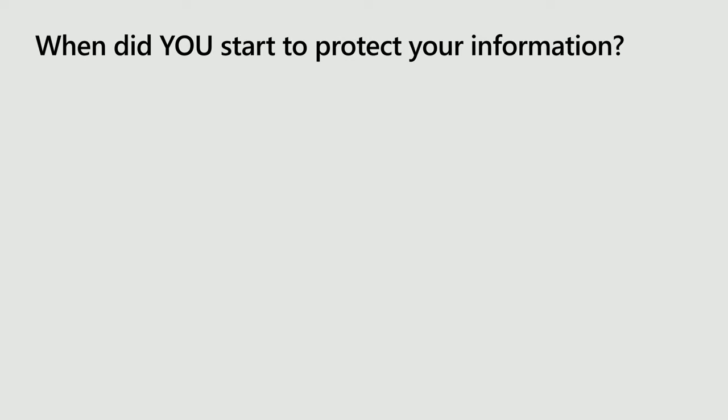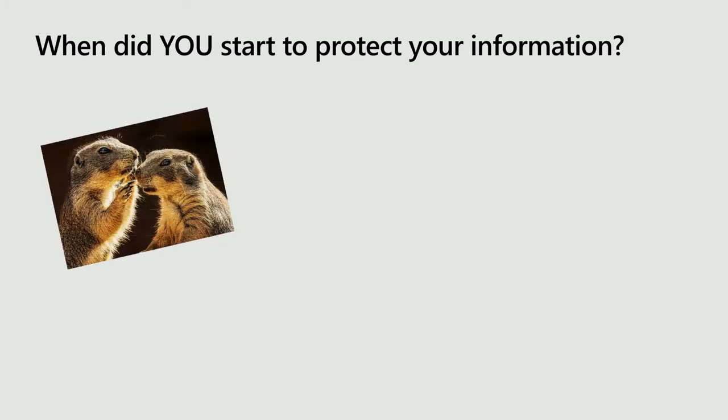But if we start in the beginning, for most of us, when did you start to protect your information? I think I have the answer for most of you. Whispering games, right? Secrets, you're whispering something to somebody. And you most likely started when you were age 4.